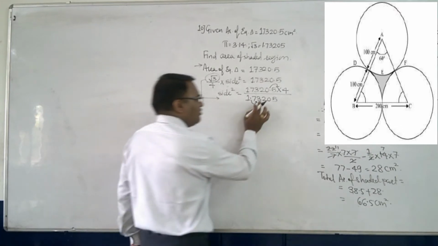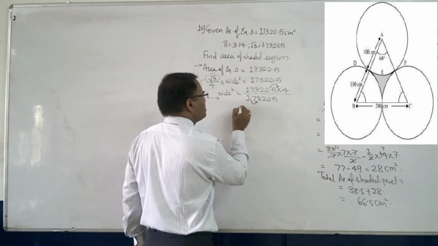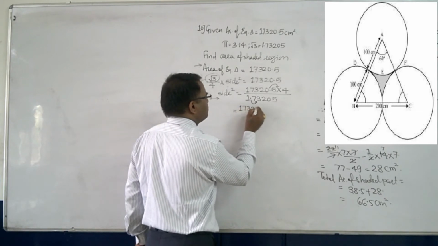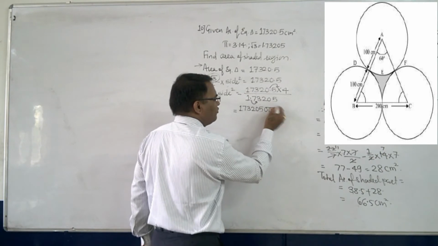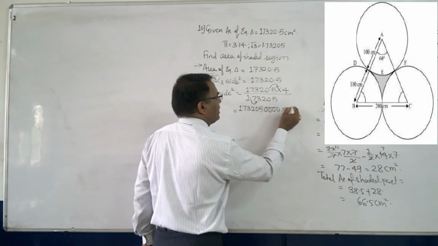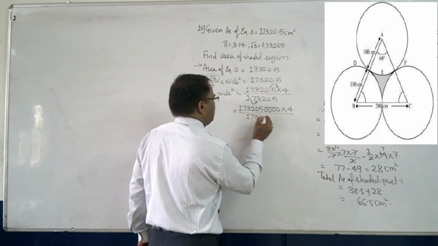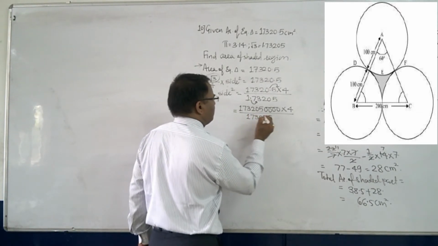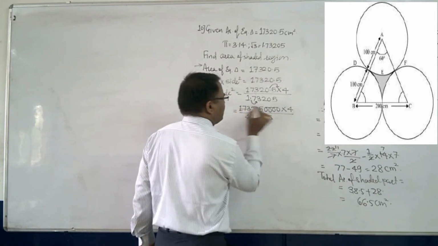After that, 1, 2, 3, 4 digits are there. So we will use this also, 1732005. After that 1, 2, 3, 4 digits, then multiply by 4, and then without any decimal point we write it. So this and this will get cancelled.